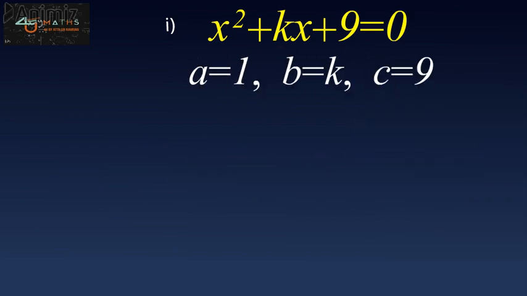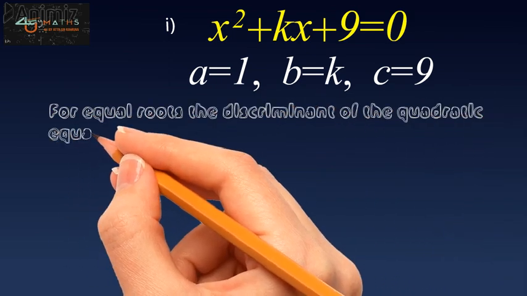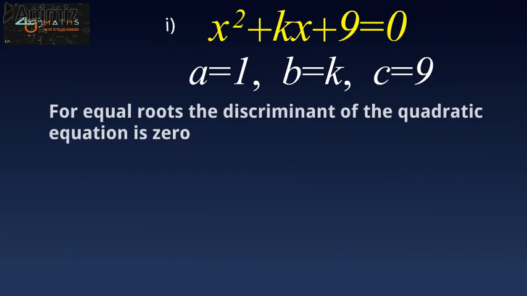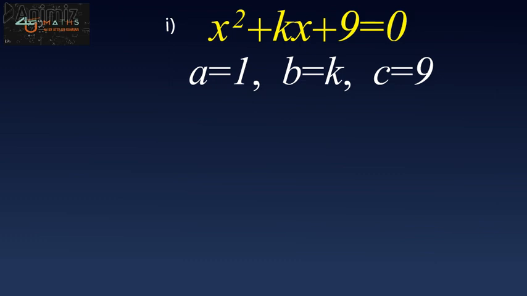Now by recalling the statement that for equal roots the discriminant of the quadratic equation is 0, as we know that the discriminant of the quadratic equation is b square minus 4ac.